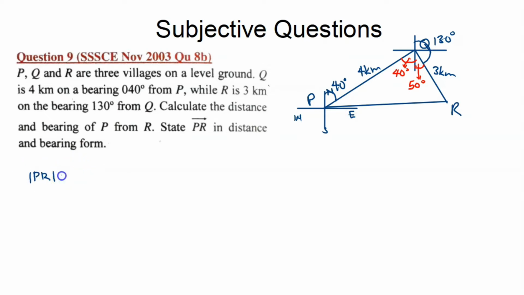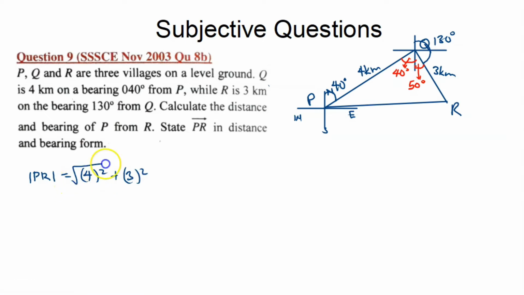So the length of PR must be equal to the sum of the squares of the other two sides. So we have 4 kilometers all squared, plus 3 kilometers all squared.